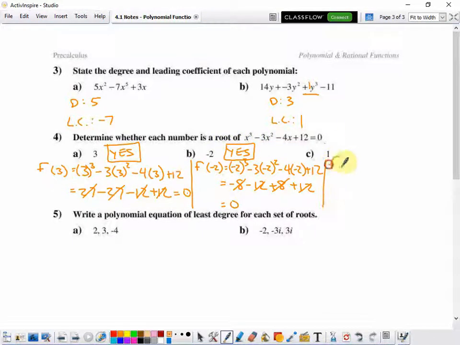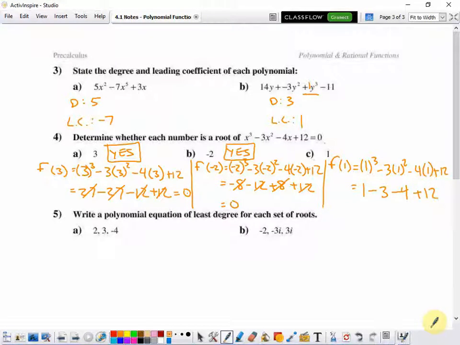Then we try f of 1. 1 cubed minus 3 times 1 squared minus 4 times 1 plus 12. 1 cubed is 1. 1 squared is 1 times negative 3 is negative 3. Negative 4 times 1 is negative 4. And plus 12.